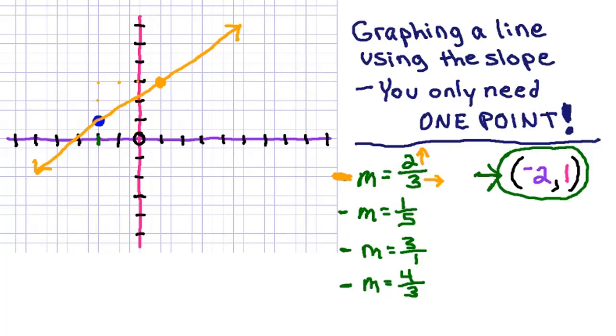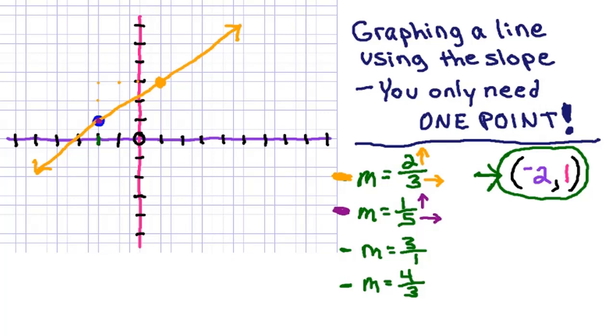Now let's do our second line. We already have our point, negative 2, 1. It's the same point, but we're going to use a different slope. We're going to use m equals 1 over 5. So we go to our point, and 1 is our rise, and 5 is our run.